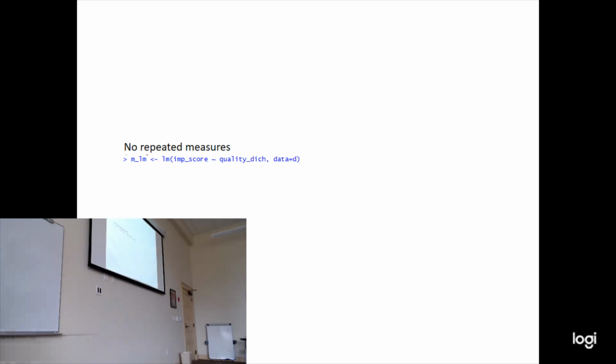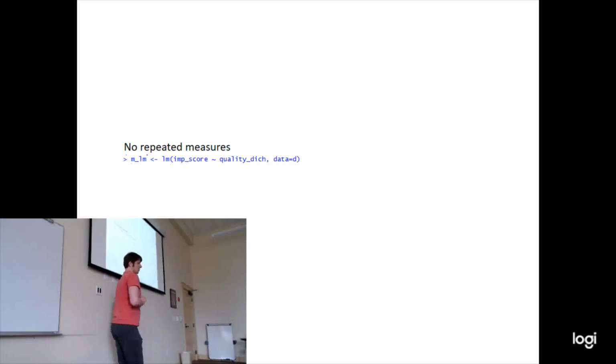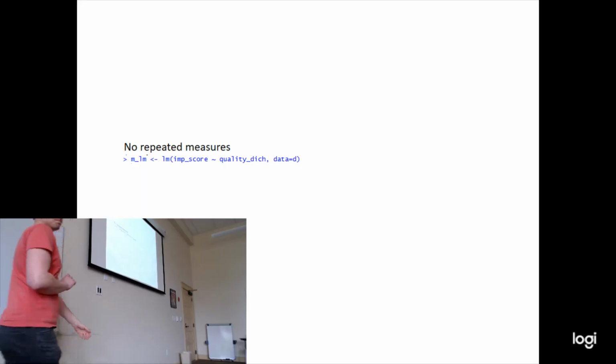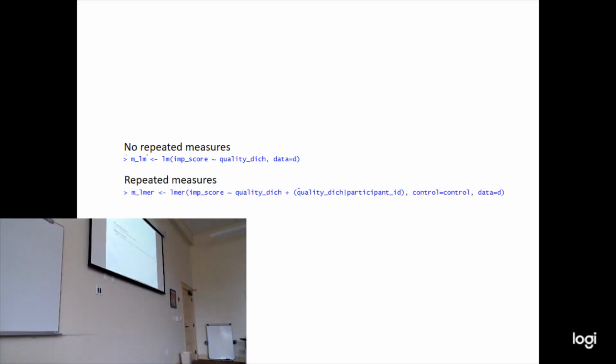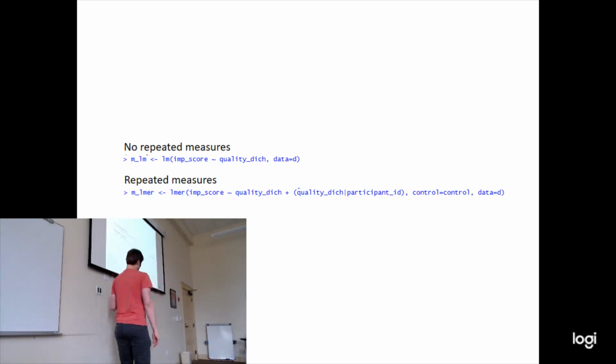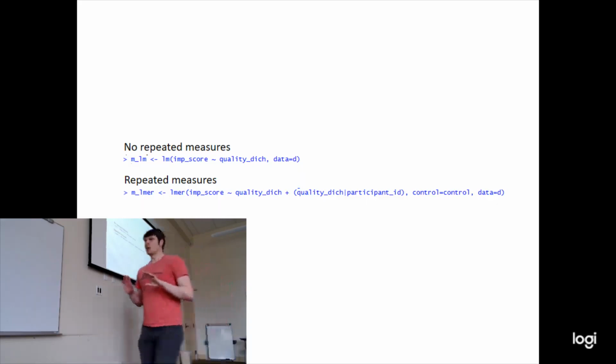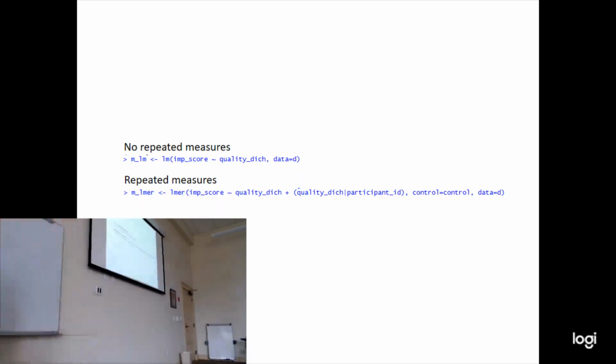So, okay, this is how we analyze this kind of problem in R. You use lm, you've got an outcome variable, a predictor variable, and a certain data set. This is one way of analyzing the same problem, but with linked data. There are a couple things that are new with this model.